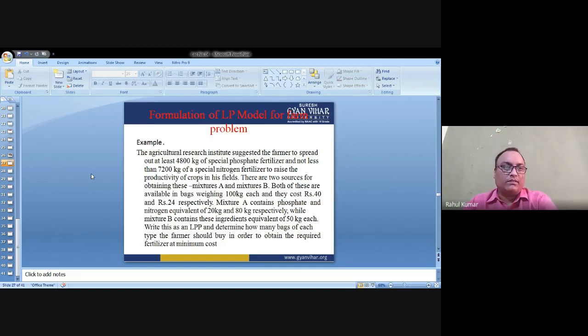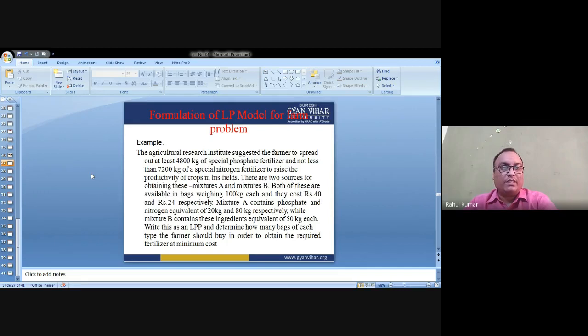There are two sources for obtaining these mixtures, mixture A and mixture B. Both of these are available in bags of weight 100 kg each, and they cost rupees 40 and rupees 24 respectively. Mixture A contains phosphate and nitrogen equivalent to 20 kg and 80 kg respectively, while mixture B contains these ingredients equivalent to 50 kg each.